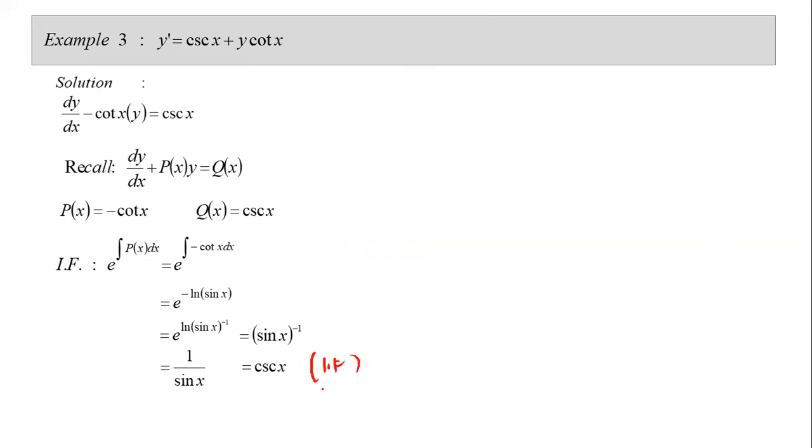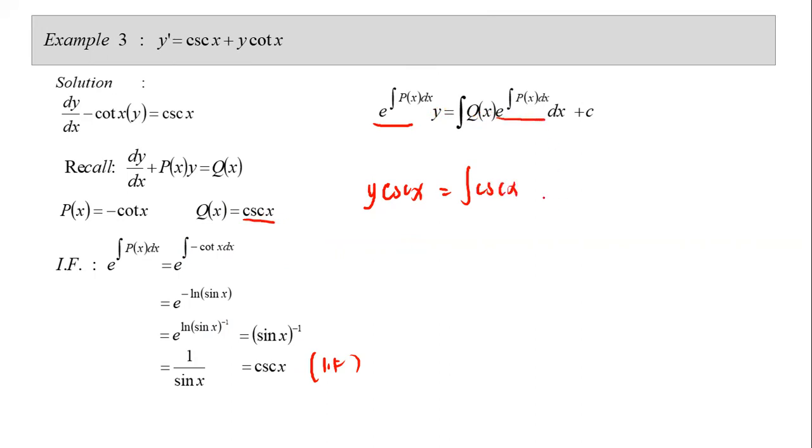And then you use this general solution. Okay, and then our integrating factor to be replaced by cosecant of x, and then you just simply affix y. I will write it in front, equals the integral of q of x times the integrating factor. Q of x is cosecant of x, and our integrating factor, that's cosecant of x.